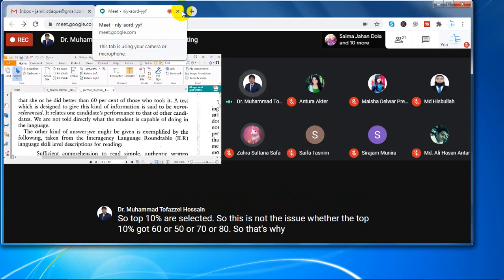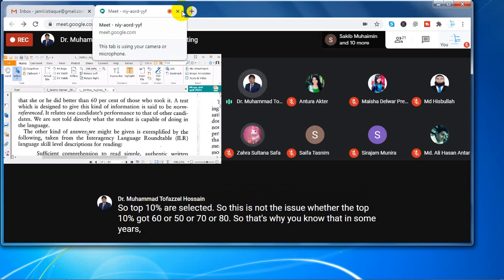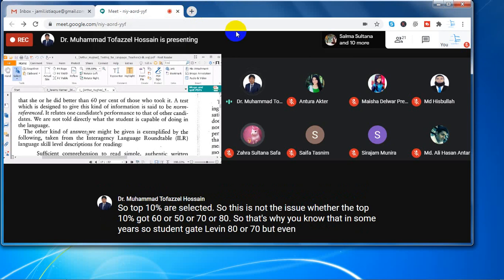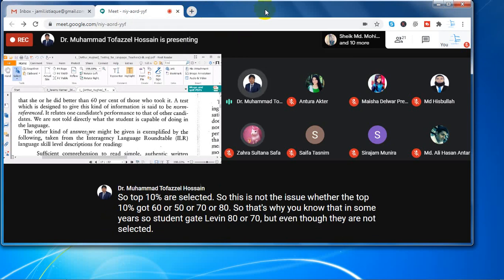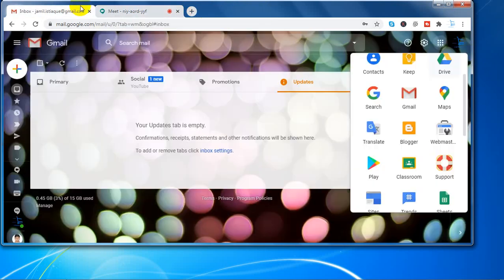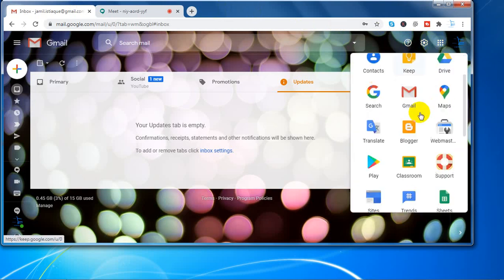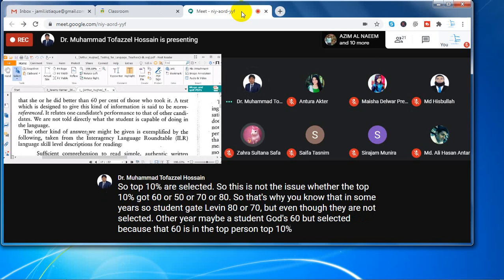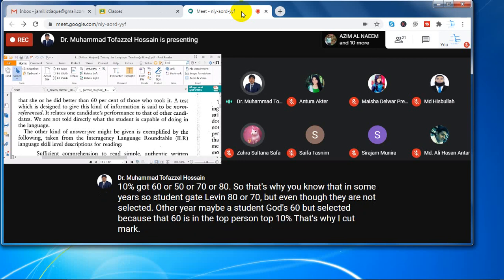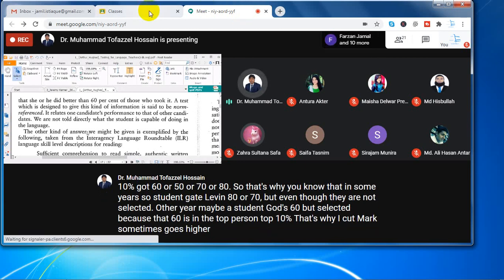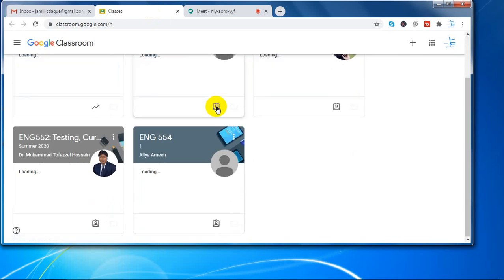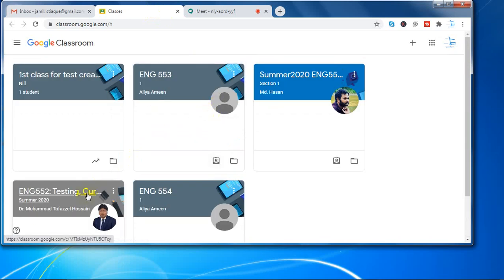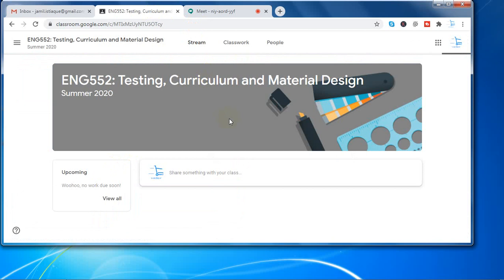That's why in some years, students get even 80 or 70, but they are not selected. Another year, maybe a student got 60 but is selected because that 60 is in the top 10%. That's why the cut mark sometimes goes higher, sometimes goes lower, because they always count, for example, 10%. Have you got the idea?